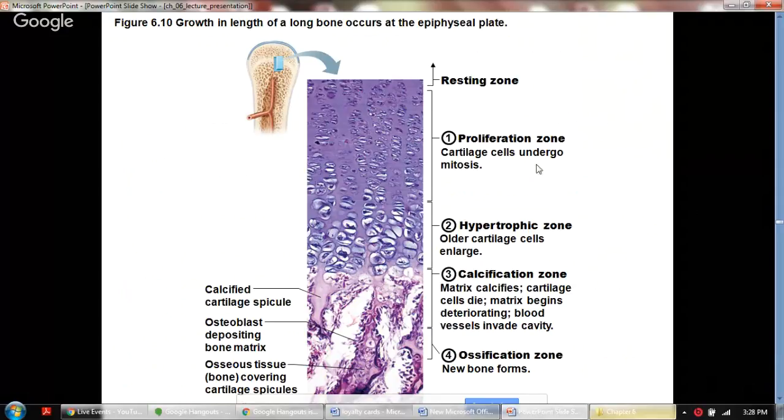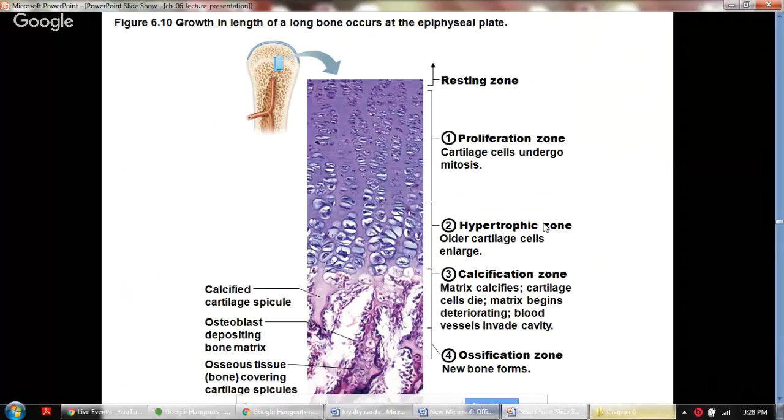And in here you would see the proliferation zone is where the cartilage cells undergo mitosis and increase in number. And then in the hypertrophic zone, these older cartilage cells start to enlarge. Hypertrophy means enlargement, making the size bigger.